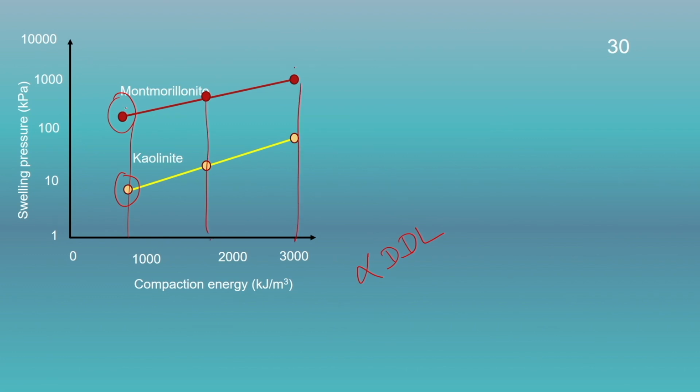Again, this higher value of swelling pressure of montmorillonite is because of its ability to form a thick diffuse double layer with water, whereas kaolinite possesses a smaller diffuse double layer thickness.